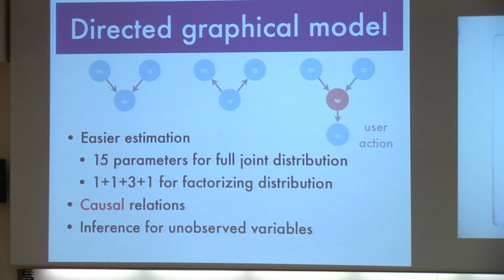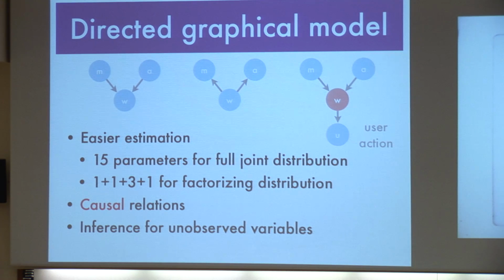Here's why you would actually care about doing this. You get a lot easier estimation. Suppose I have a model in those 4 random variables: database, web server, website, and the user. If I wanted to do parameter estimation in this model and get the full joint distribution, I would need 15 parameters.